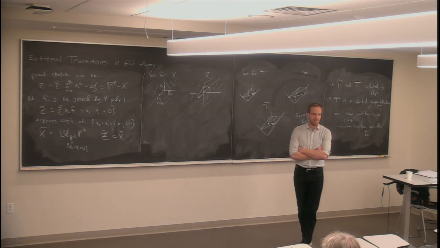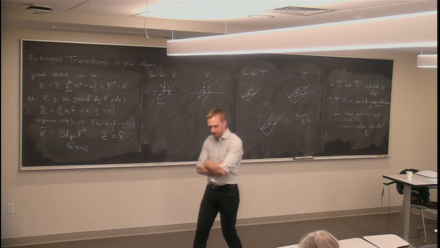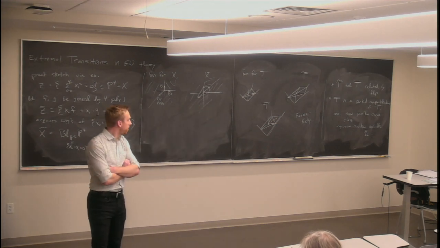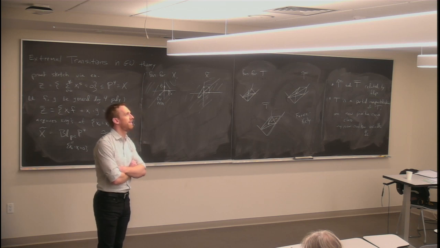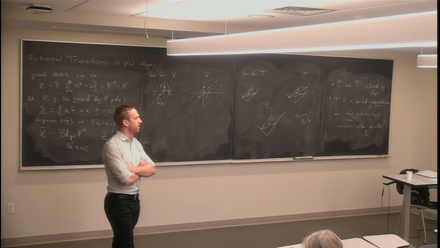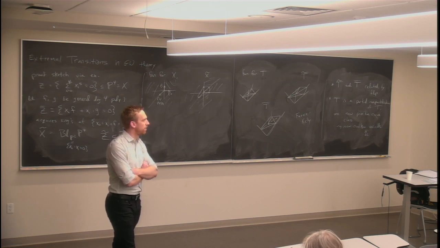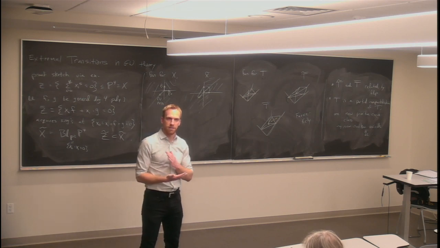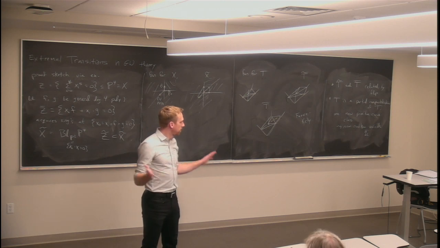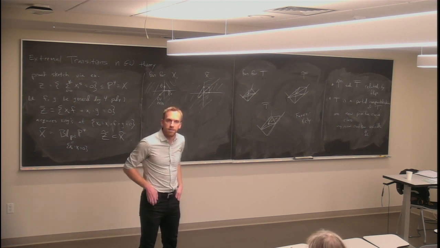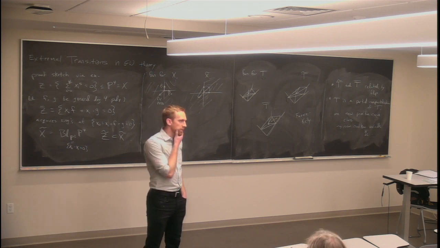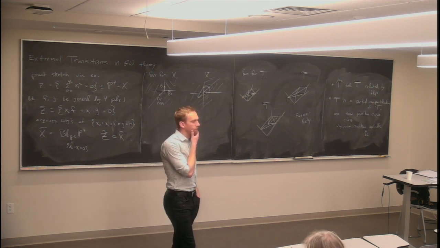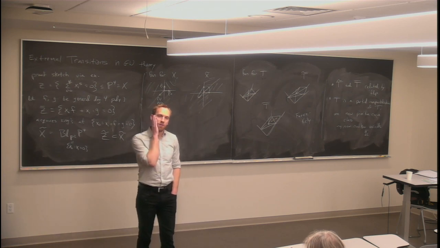Coates, Corti, Iritani, Sang, or some possibly non-proper subset of those authors, have a higher genus, pretty much the full story for toric varieties for the crepant transformation conjecture. There are certainly others that I'm not remembering right now.